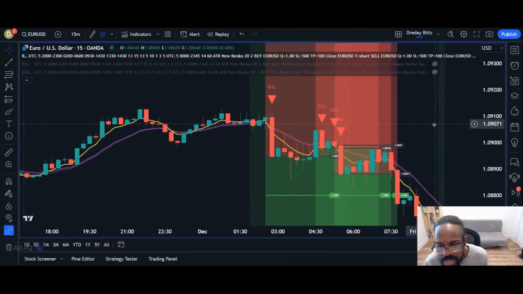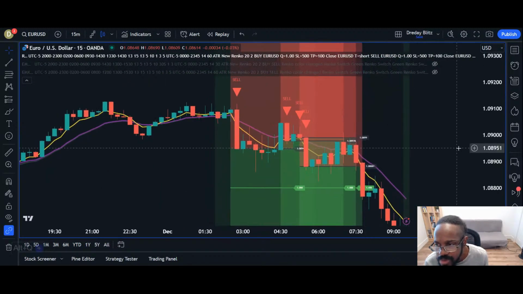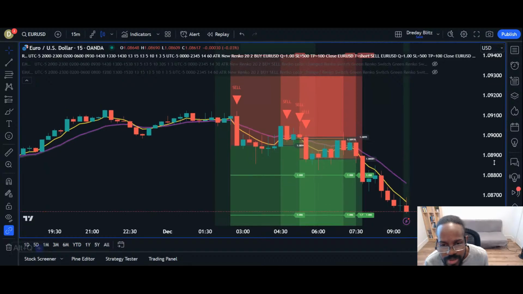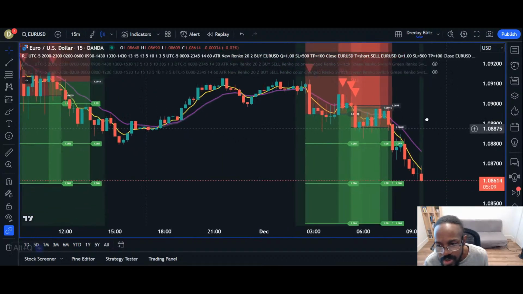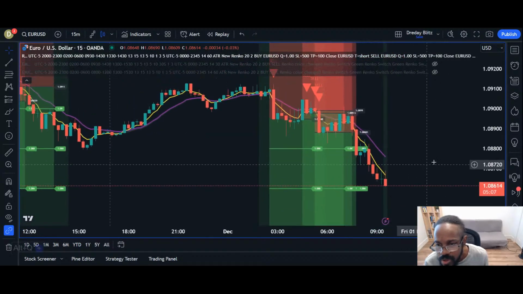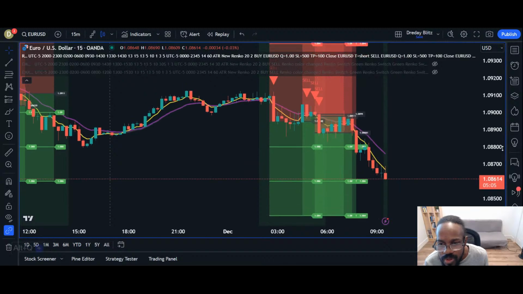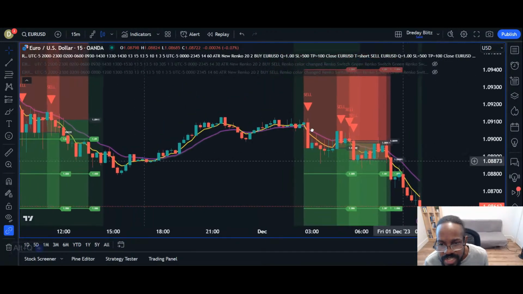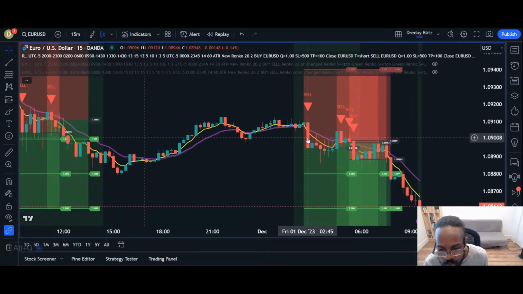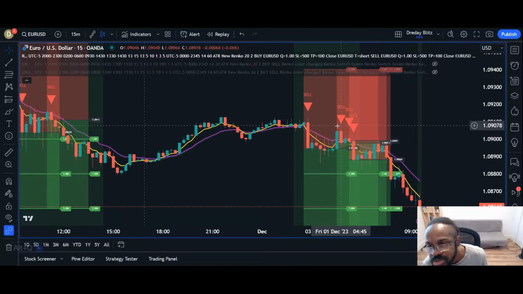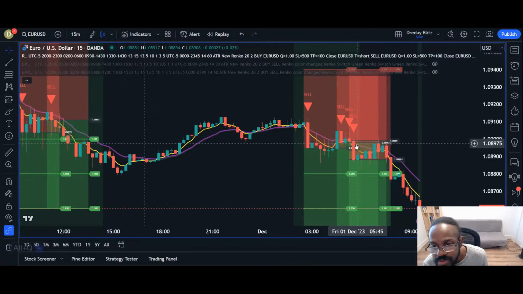So those are trades that were taken here during London session. So the first one was at 2:45. There was another one at 4:45.